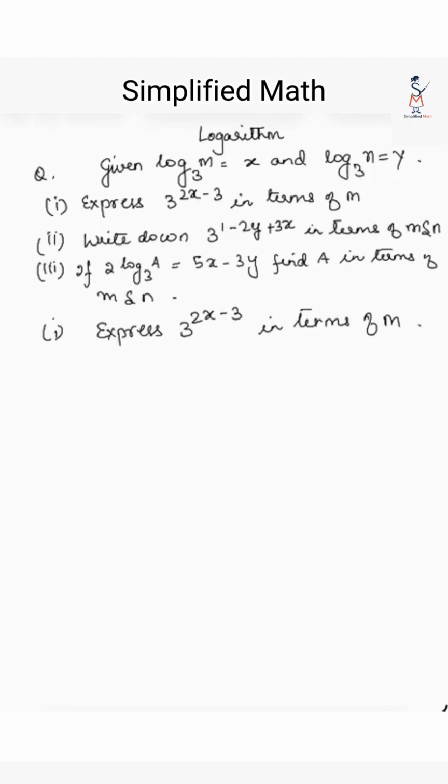Fine. Now we have to use exponent law. We know that a raised to the power m divided by a raised to the power n is a raised to the power m minus n. When two numbers with the same base are divided, their powers get subtracted.